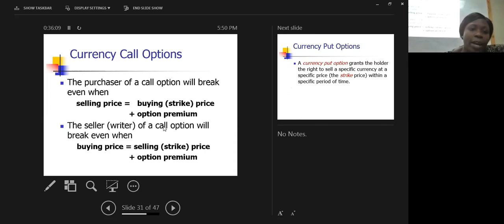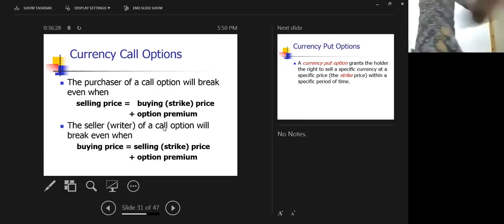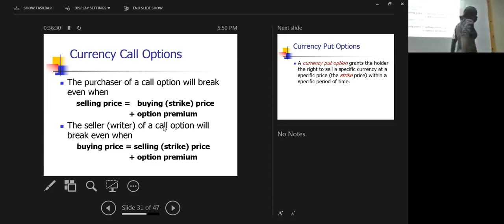So when will the purchaser of the call option break even? It's the strike plus the premium. So I want to ask you a little question. Like, this is a long call.